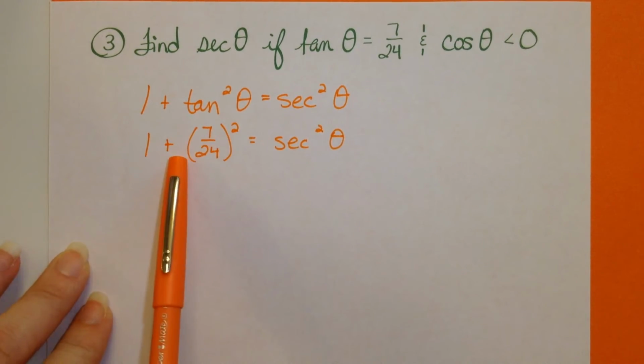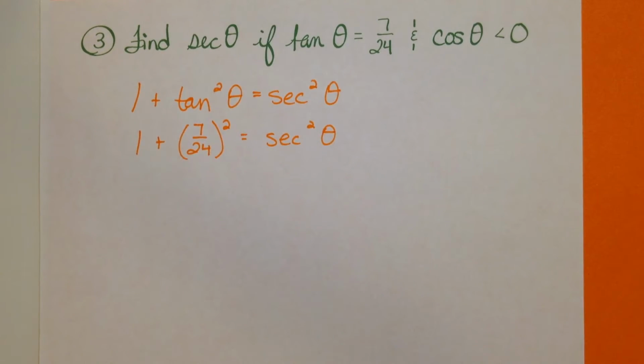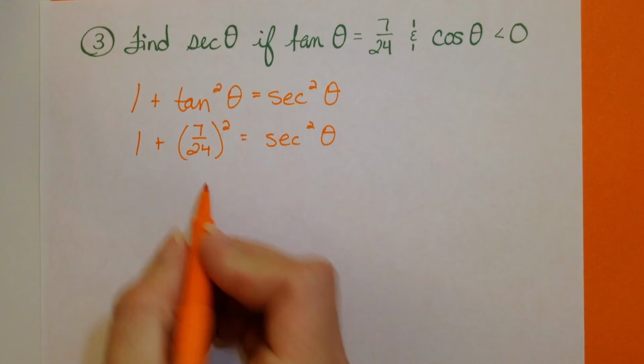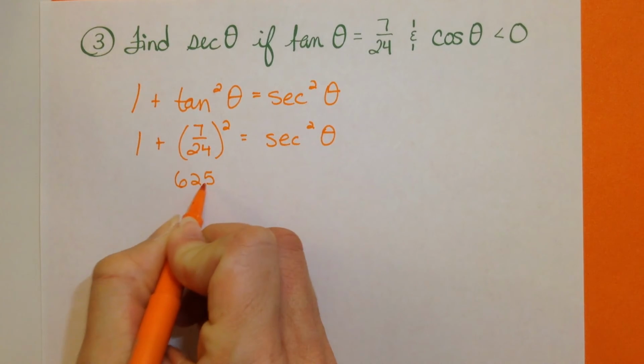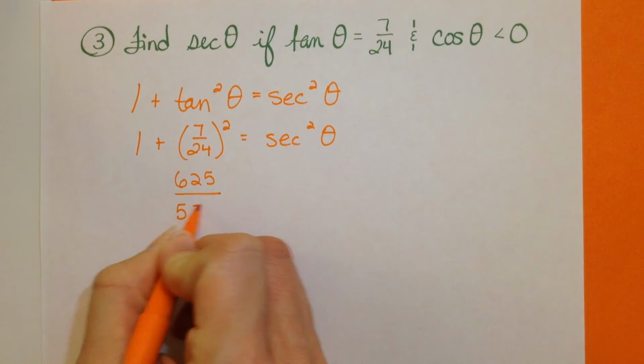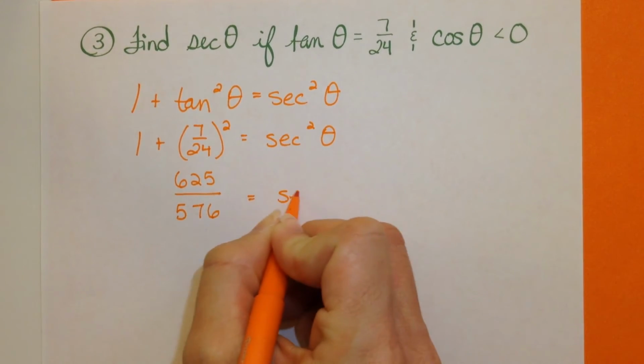Now you can just type this in your calculator all in one step if you'd like. Give me just a second to get that done. Okay, so I have that is 625 divided by 576.